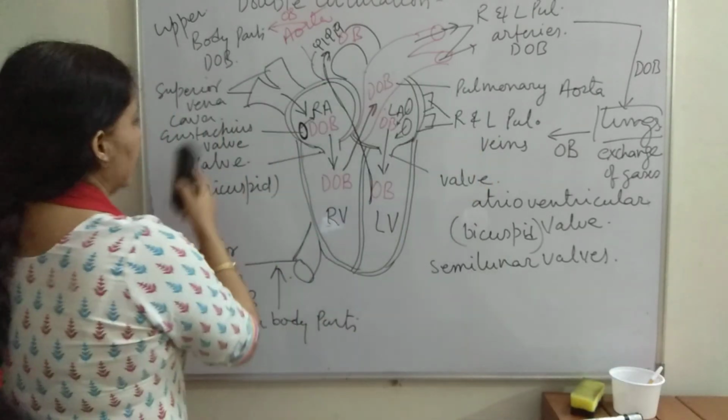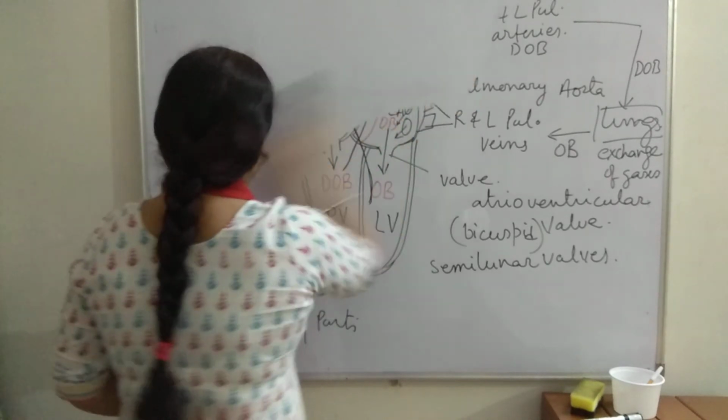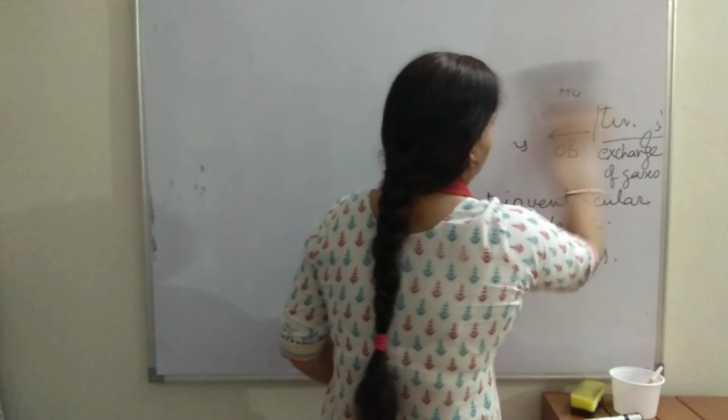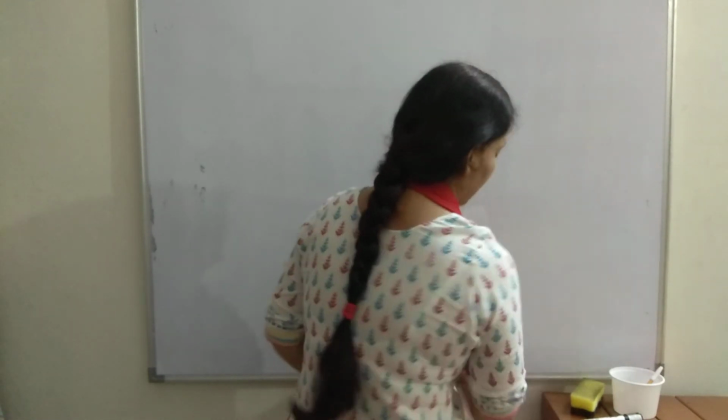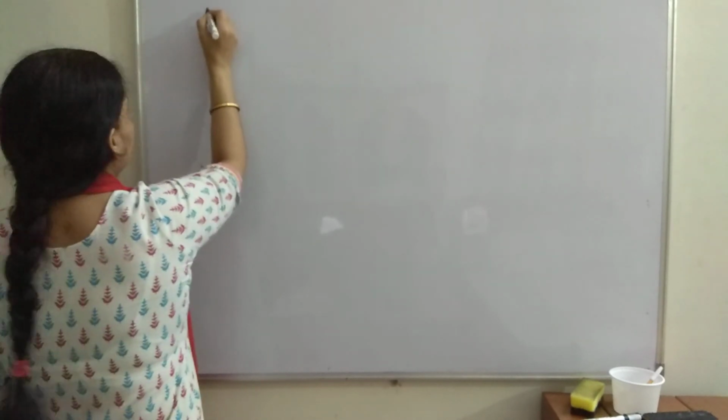We can see this circulation in the form of a simple flow chart also. After understanding all the parts of the heart, there is another way to explain it. It is divided into two types basically.